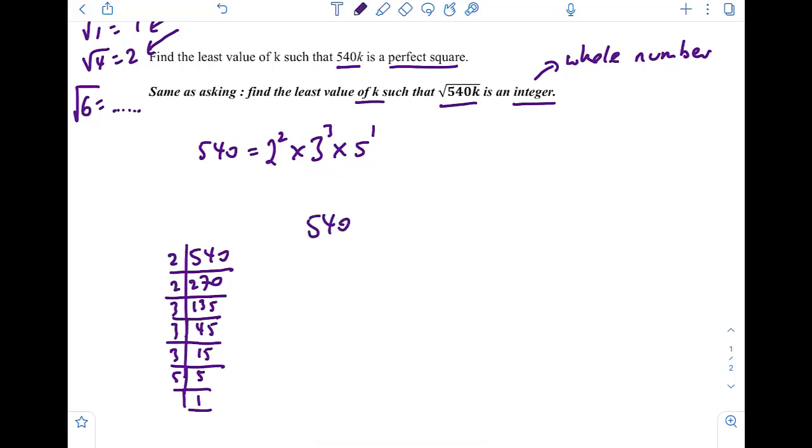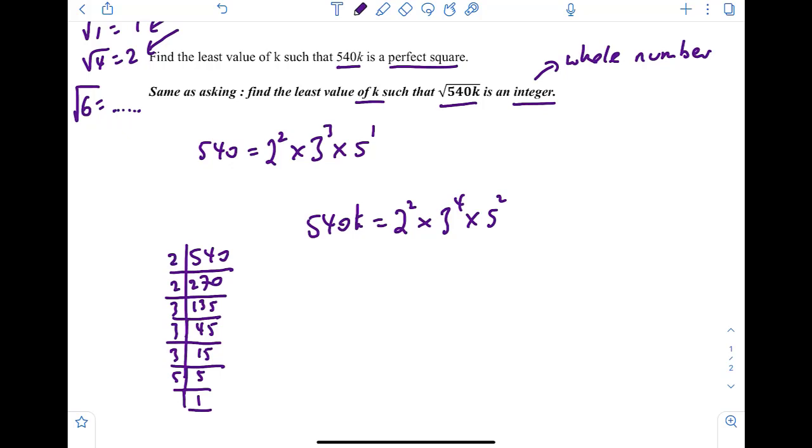So 540 times k, what is the perfect square I'm trying to achieve? 2 squared, don't touch because it's already a perfect square. And since we are multiplying, the power must increase to the next multiple of 2, which is 3 to the power 4 times 5 squared.